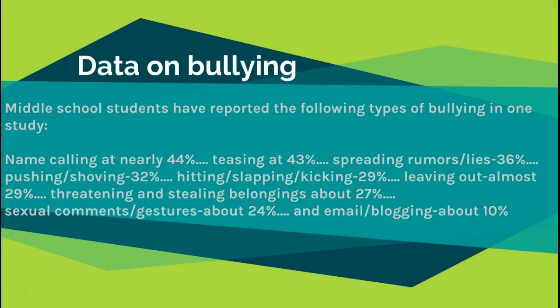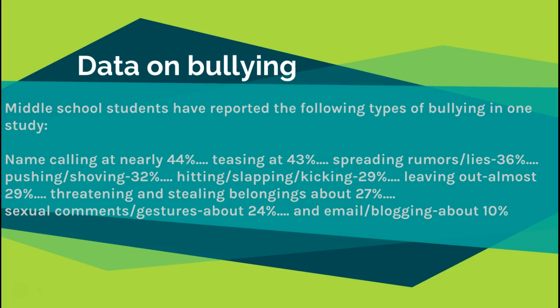The data on bullying that was in the assignment: name calling and teasing are the most prevalent types of bullying. Spreading rumors and lies is also pretty common. Physical is around the 30s and high 20s percentage-wise.